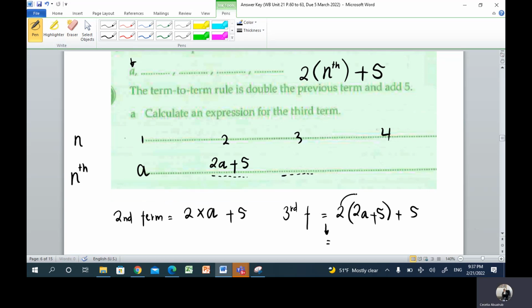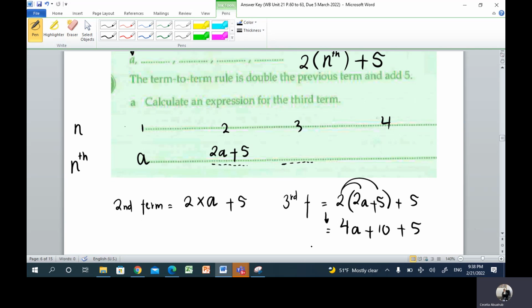You need to expand. Remember, when I first started this video, I told you that sequences is very much related to algebra. So 2 times 2a is 4a, and 2 times 5 is 10, plus 5. So 4a plus 10 plus 5 is actually 4a plus 15.